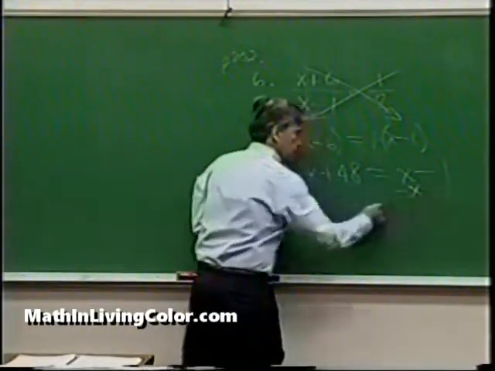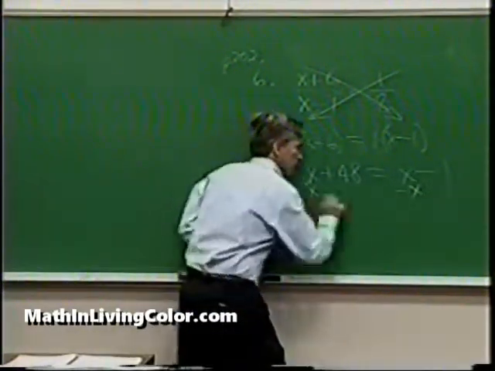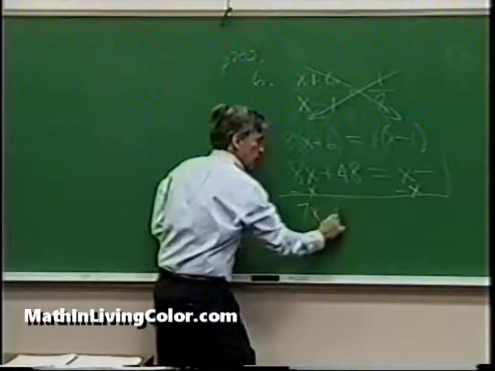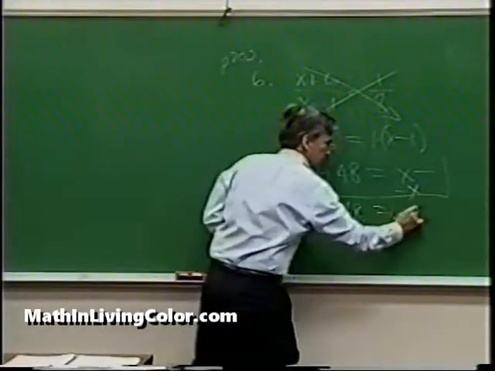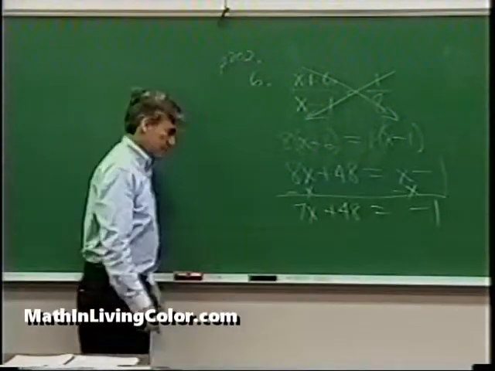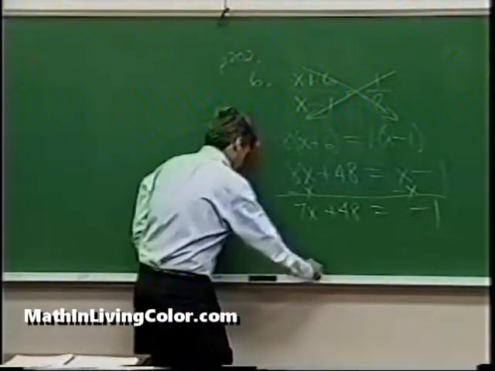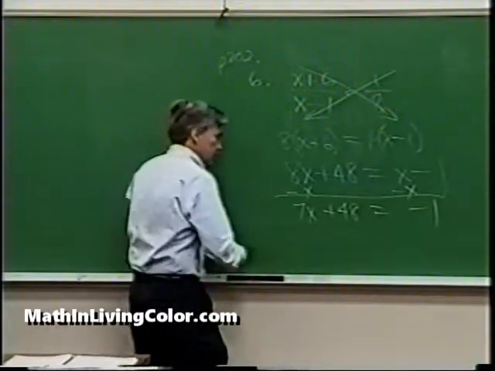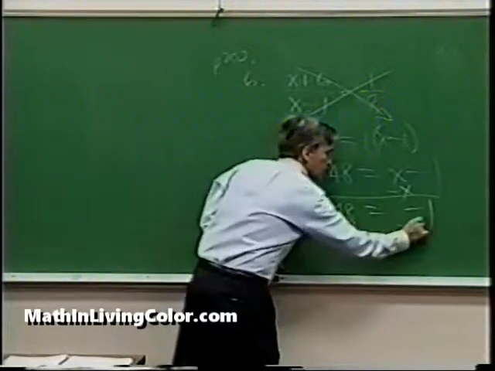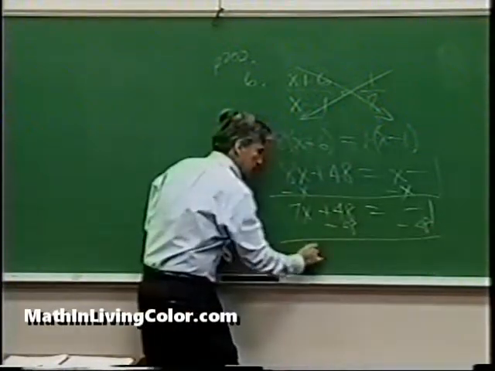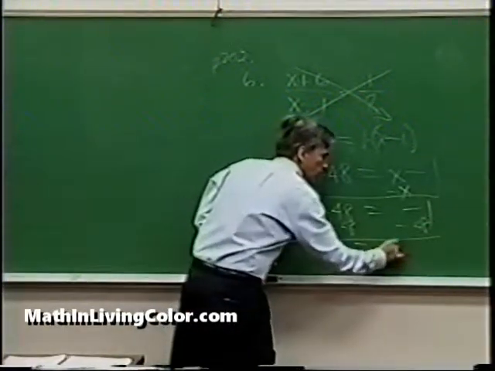Subtract x. What would that give you? 7x plus 48 equals -1, and then what? Subtract the 48 from both sides, and you'll get 7x equals -49, right?